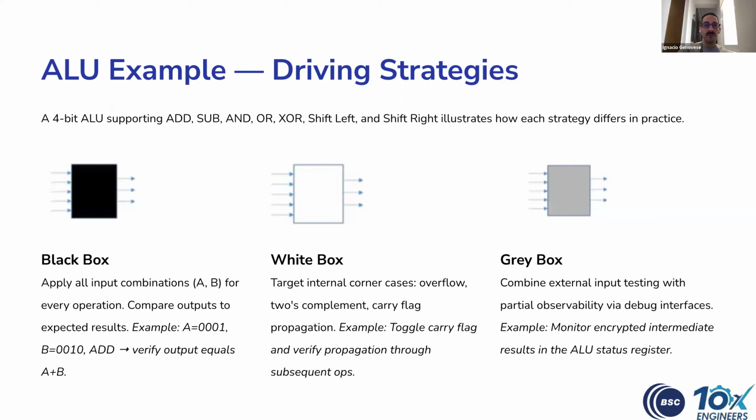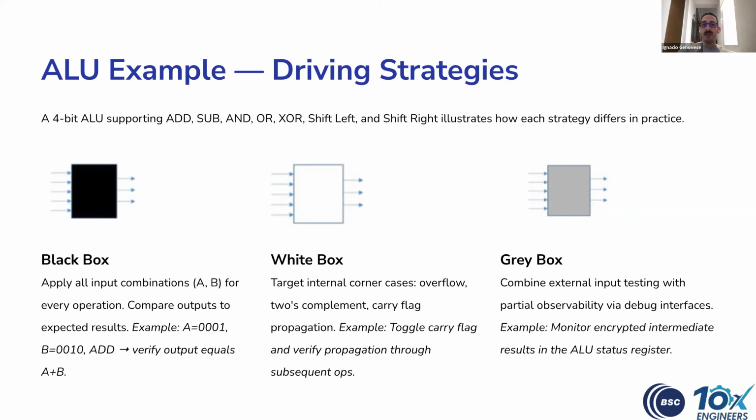We can do it thoroughly for small designs, but it doesn't scale. If we apply a white box strategy for this ALU, we can target internal corner cases, for example, an overflow detection. We can check the carry flag propagation. So we need internal visibility to verify these test cases correctly.